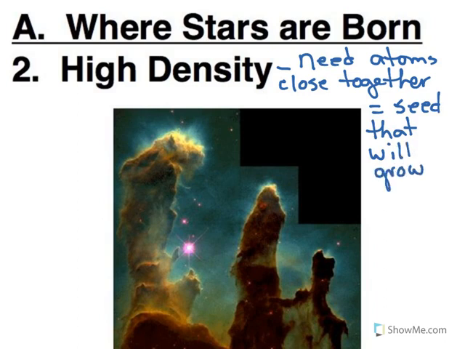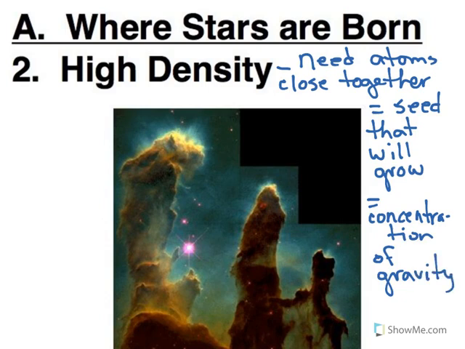Because this is going to be a concentration of gravity. So you've got these tight knots. We see them in our cloud here. They're very tiny, but all of these little fingers that are sticking up, those are regions of higher density, and those are places where star formation is going to occur.